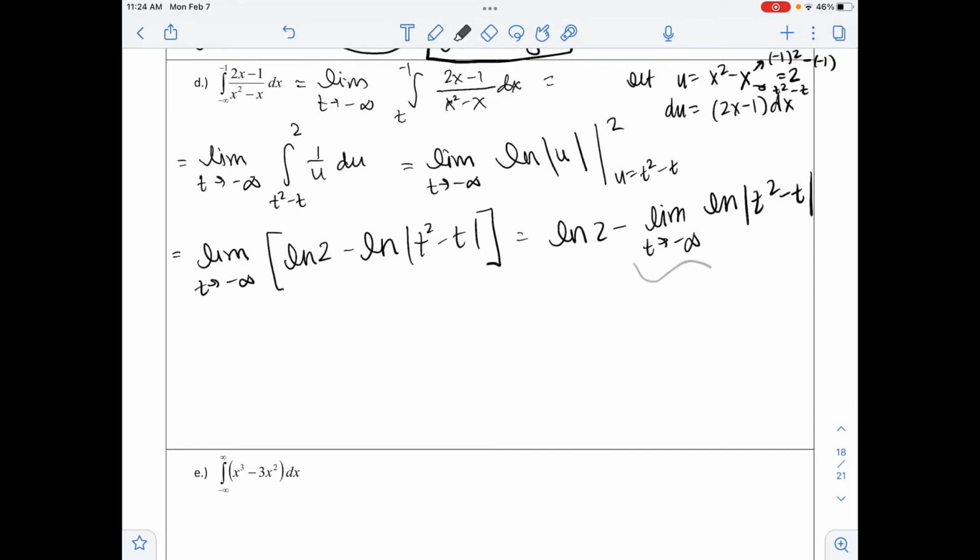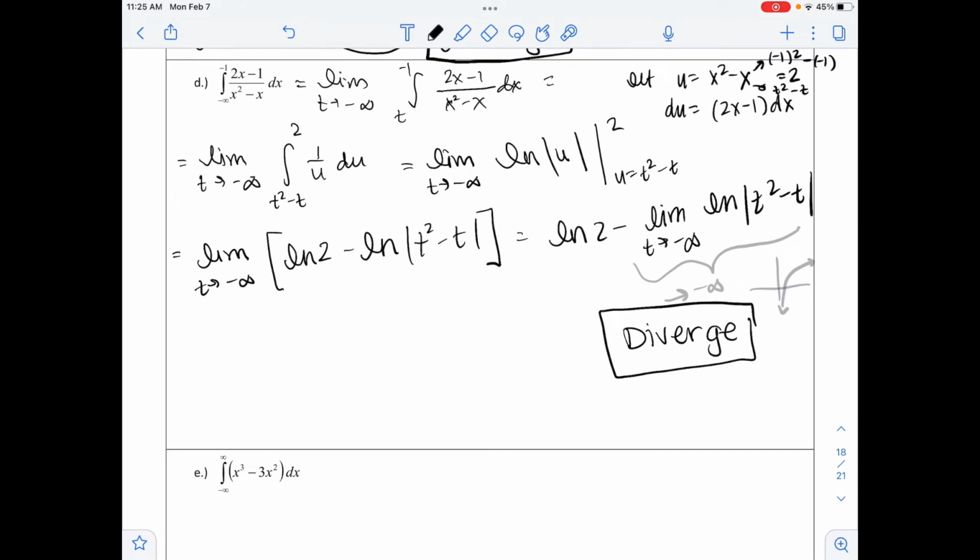And so now looking at this, we know that our log functions look something along these lines. So as we approach negative infinity, this is going to go down to negative infinity also. So this diverges. Therefore, that integral that we had is going to diverge also.